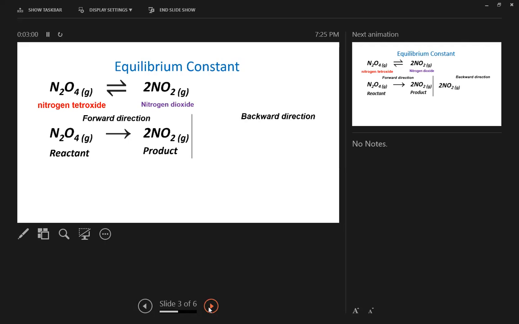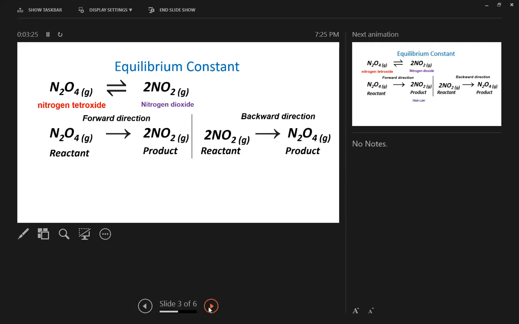Now, what about the backward reaction, which is the reverse process? Nitrogen tetraoxide is no longer the reactant. In this case, what then is the reactant? Nitrogen dioxide becomes the reactant, and this reactant proceeds to the product, giving rise to nitrogen tetraoxide.